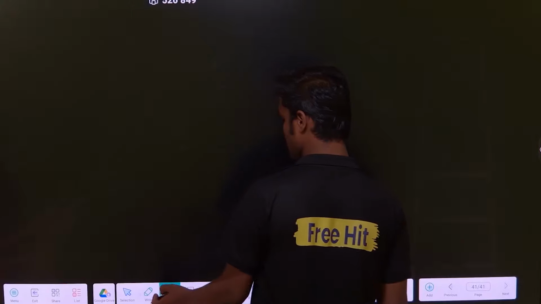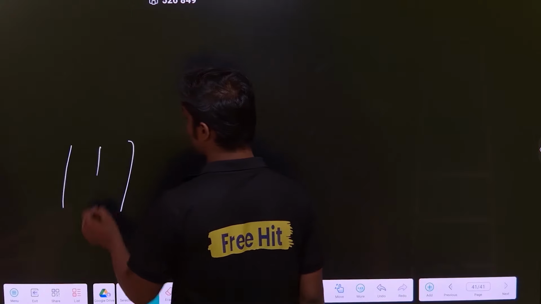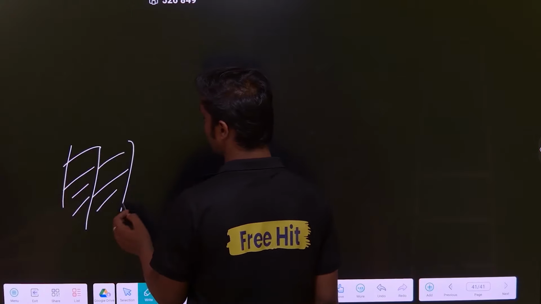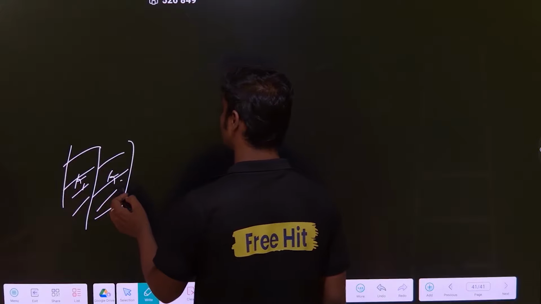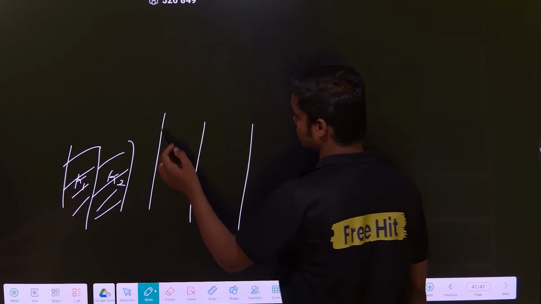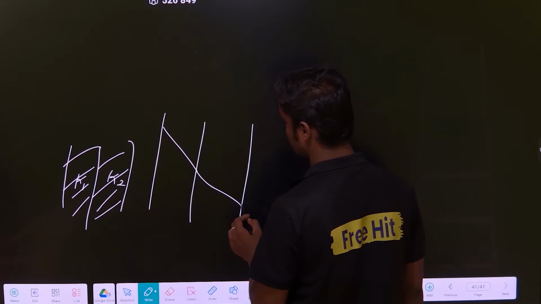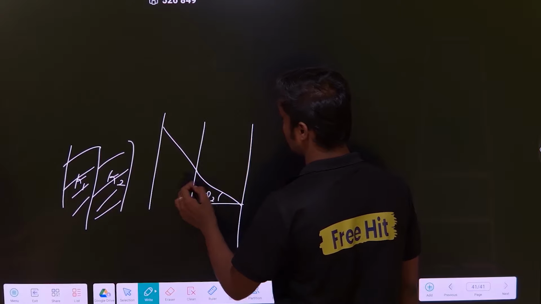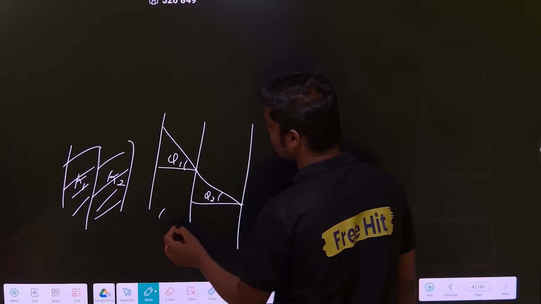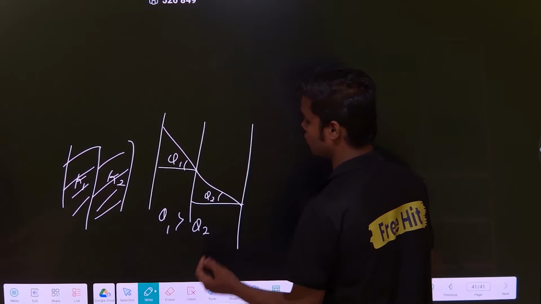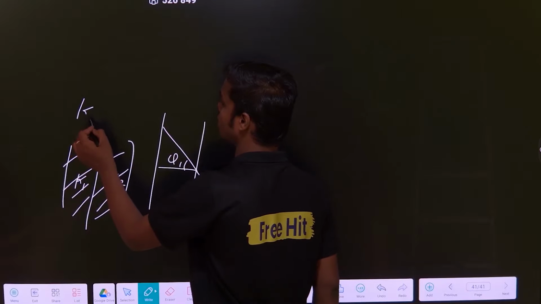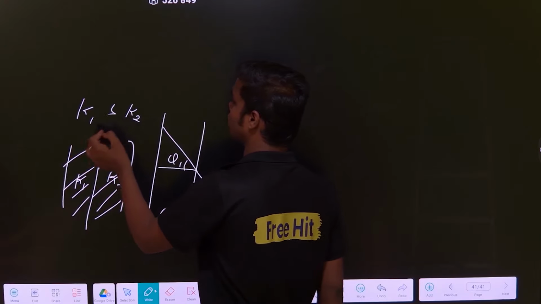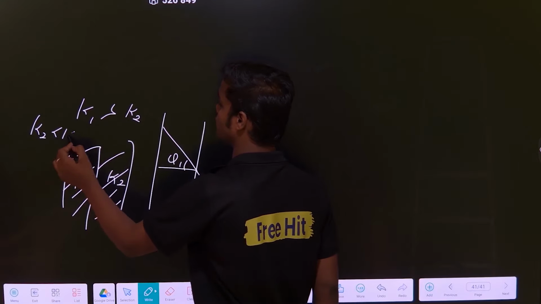Suppose two dielectrics are filled. This is K1, this is K2, and they have given a graph like this. From here, then from here. This angle is theta 2 and this angle is theta 1. From here we can say theta 1 is greater than theta 2. So what can you comment about K1 and K2? K1 is greater than K2, or K2 is less than K1, which is true?